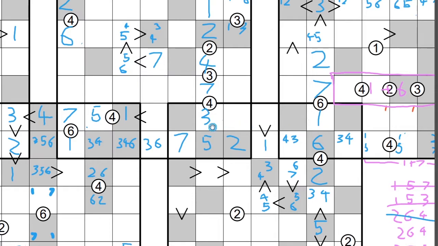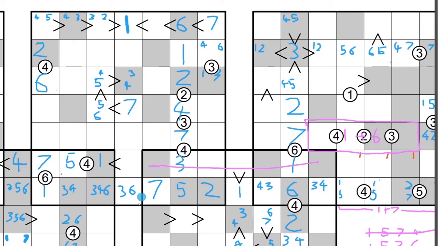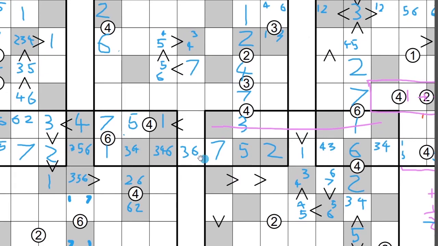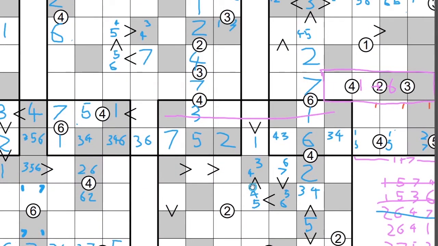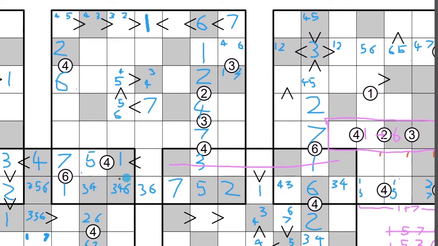Like, all that's told me is that I've got a 1 in this place, which I don't care about anyway, because I'd already covered my 1 there. It does mean that, like, that's not 1. Oh no, I knew that anyway.